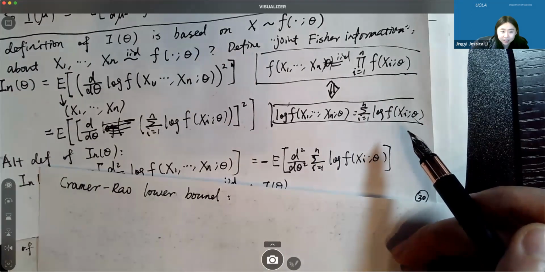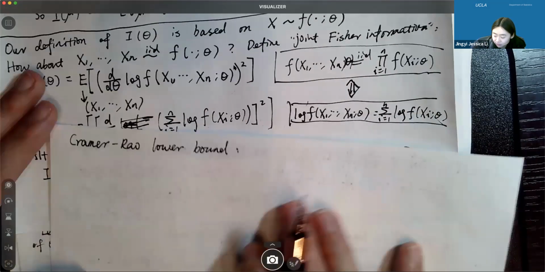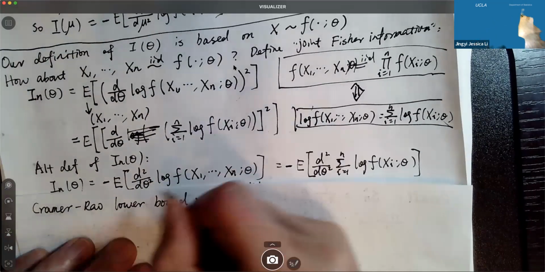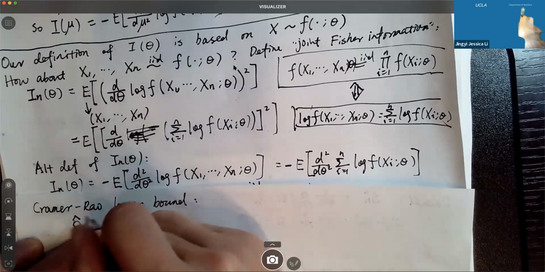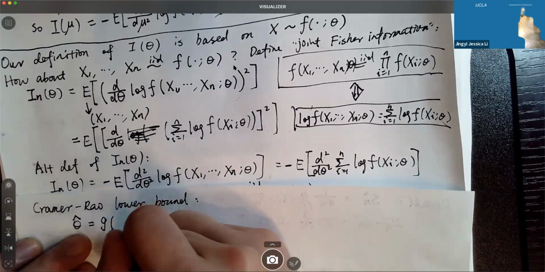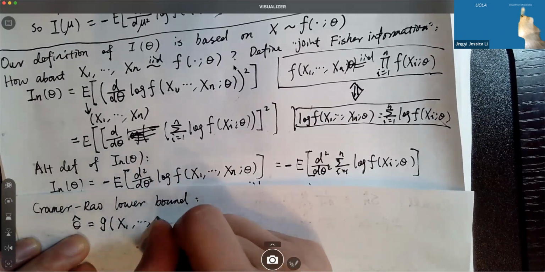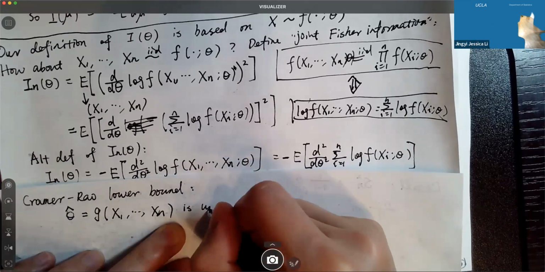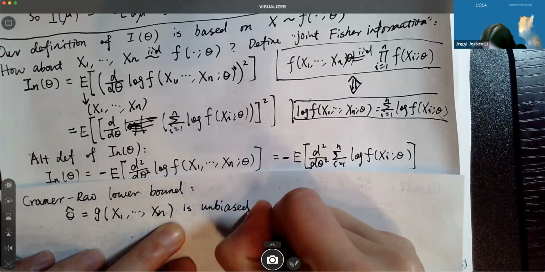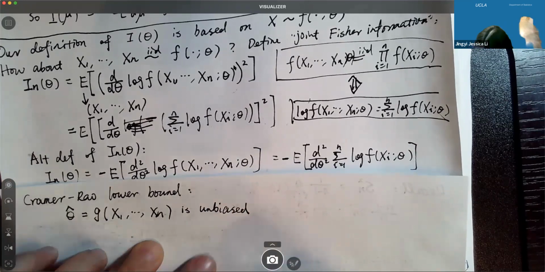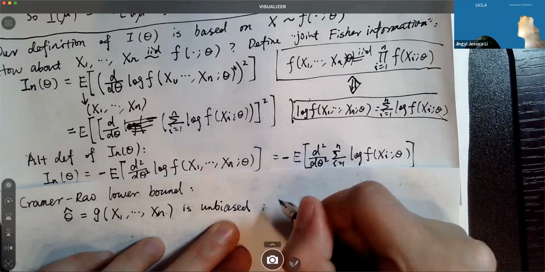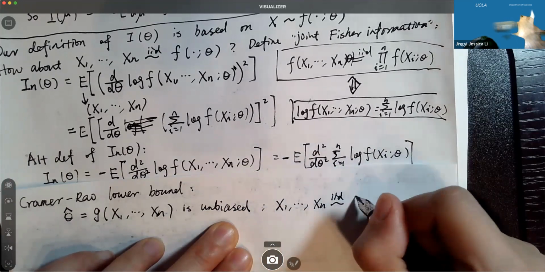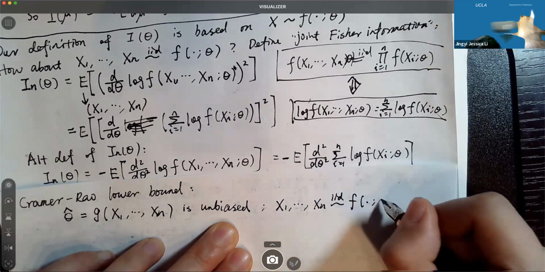Now let's come back to the Cramer-Rao lower bound. What we're saying here is that we let theta hat, I'll stick with g, be a function of x1 to xn, and it is an unbiased estimator. As in our regular setting, x1 to xn are IID from a density function specified by theta.